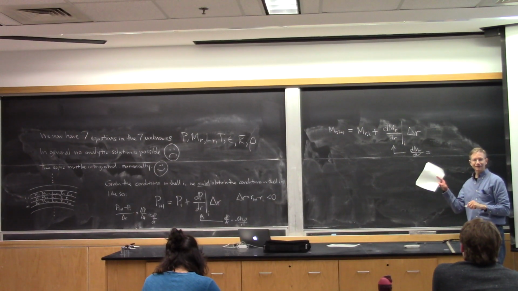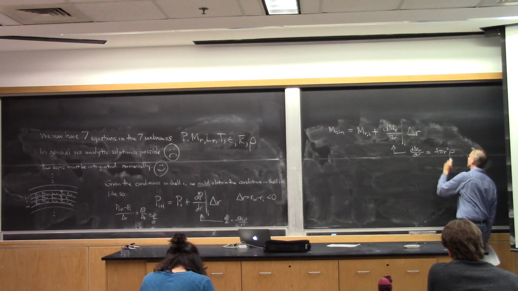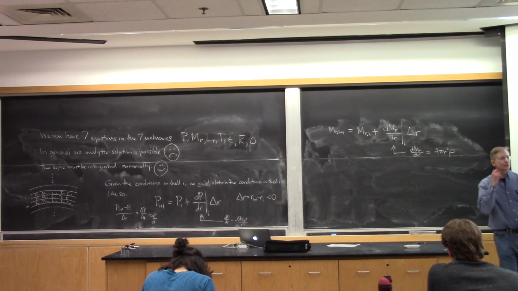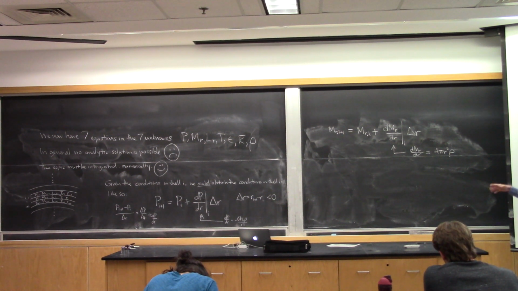It's in your notes. Yeah, 4 pi r squared rho, right? 4 pi r squared rho. So that's the point: those equations that we've written down let us evaluate these derivatives so that we can step through the star.